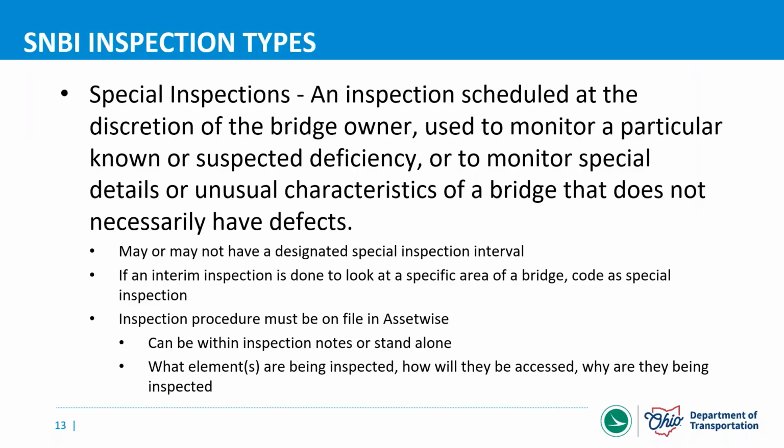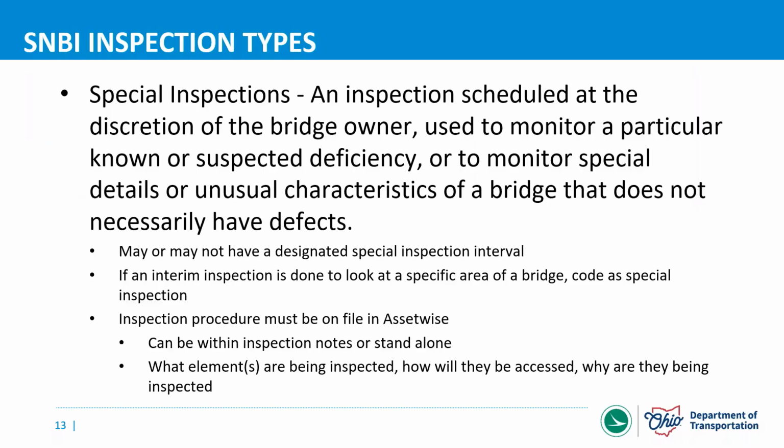The key thing to remember with special inspections is that Federal Highway wants to see a procedure on file pertaining to what the special inspection was. What specific part of the bridge are we looking at? How will it be accessed?